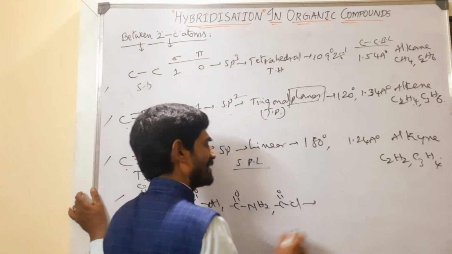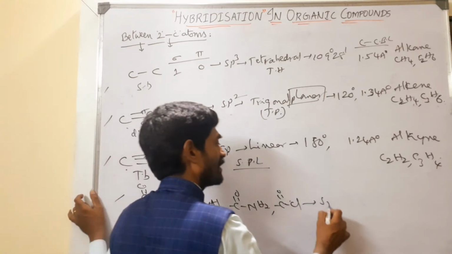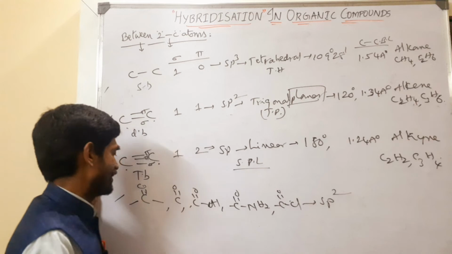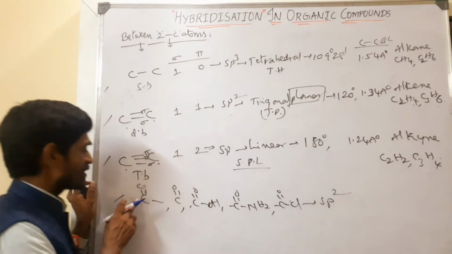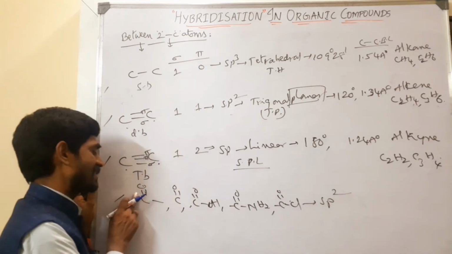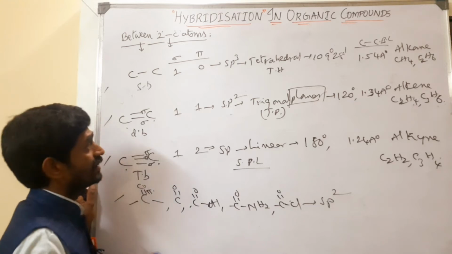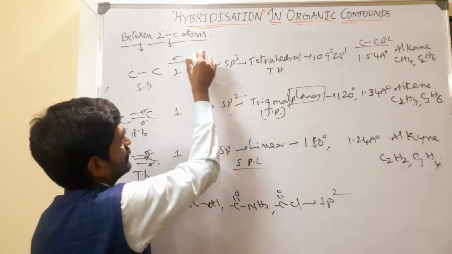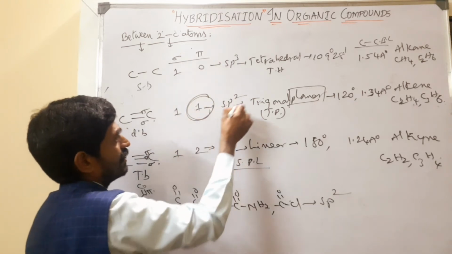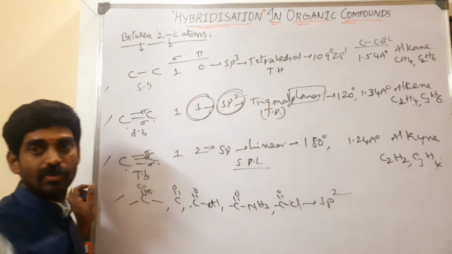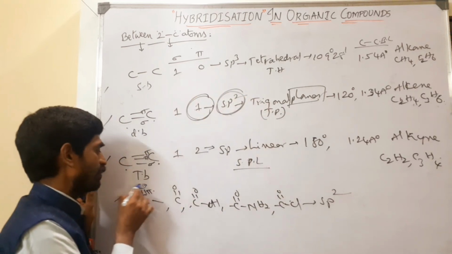In all these, the carbon atom undergoes sp2 hybridization because this carbon has three sigma bonds and one pi bond. If one pi bond is present, then that carbon undergoes sp2 hybridization.